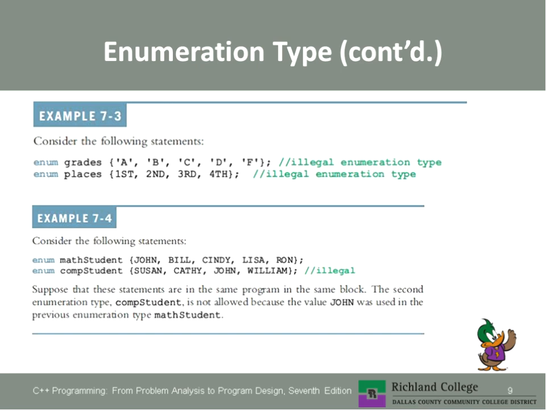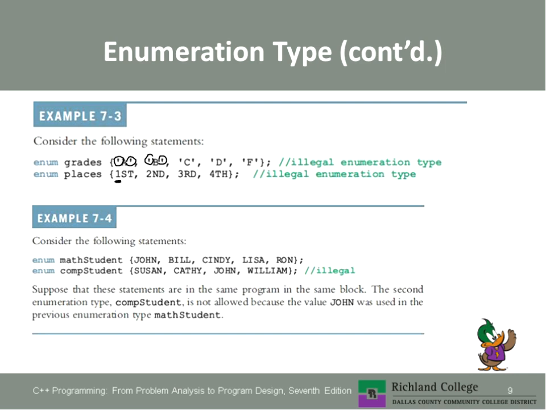So now you can see here we have some problem with the enumeration type because the enumeration list has the singletons. And just like we said, the enumeration values have to follow the identifier rules. So just like I showed you before, these are really just values that we don't ever change.